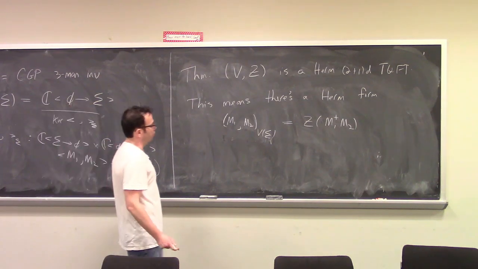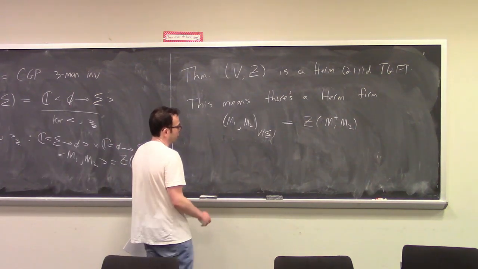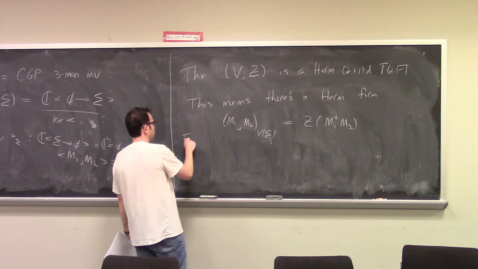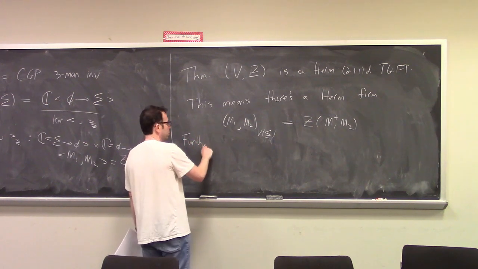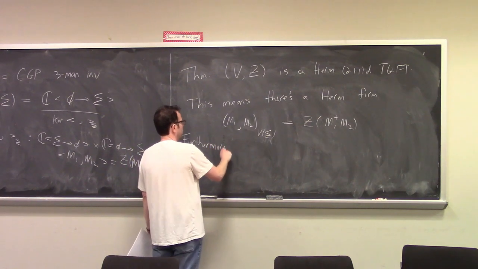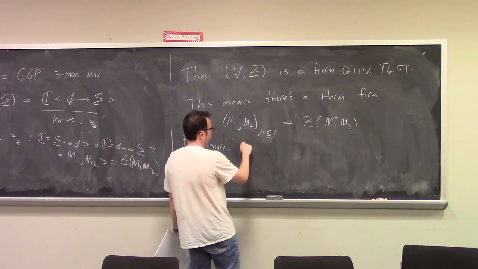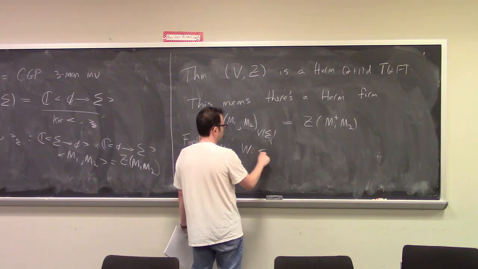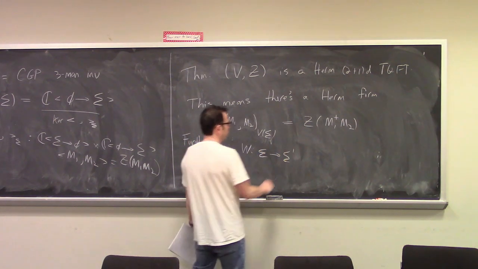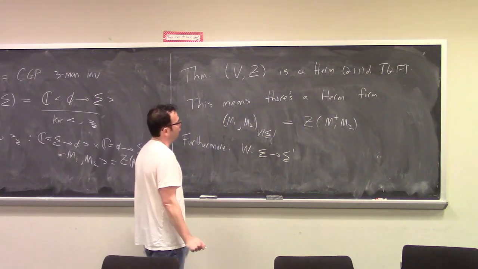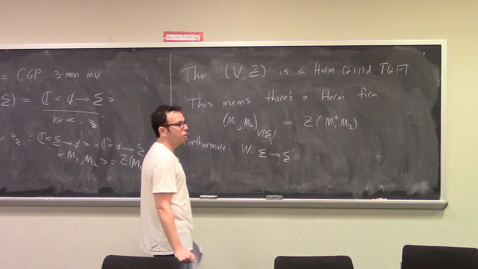And then furthermore, you have these nice functoriality properties. So furthermore, if we have, let's say, a cobordism W, which goes from sigma to sigma prime, then that gives a map between state spaces.